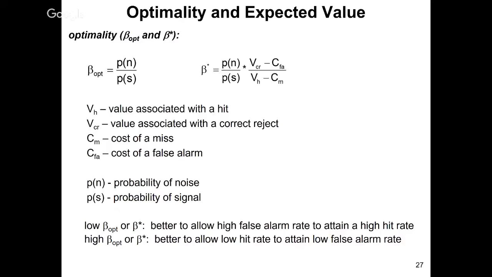The value associated with a hit would be really high, right? So if someone has cancer and you're able to pick it up, that's worth a lot, right? To be able to say, yes, you have cancer. We picked it up. But the cost of a miss would also be really high, right?